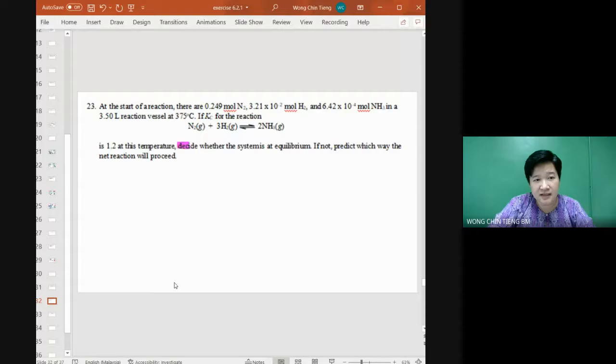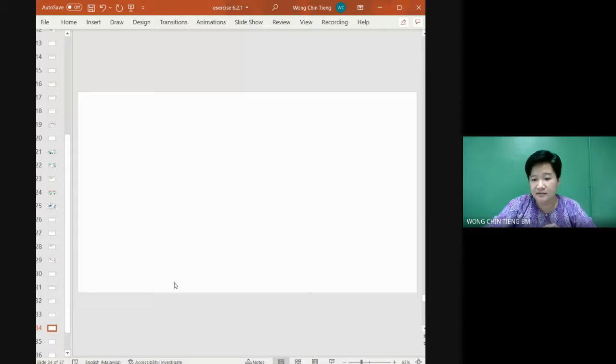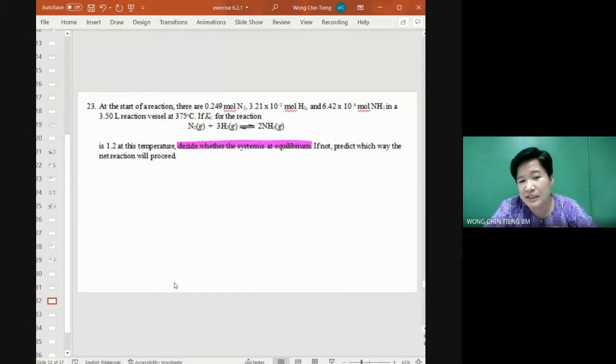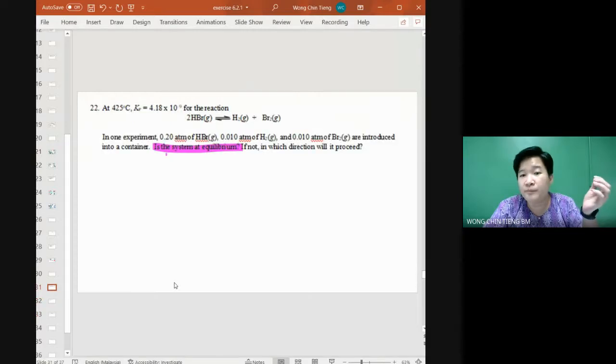Decide whether the system is at equilibrium. Is the reaction at equilibrium? That's among the questions. That's why I say it's among the easy questions. When the question asks, based on the above, is the system at equilibrium? Are we achieving equilibrium? Are we exceeding equilibrium? The moment it asks a question like this, Q comes in.